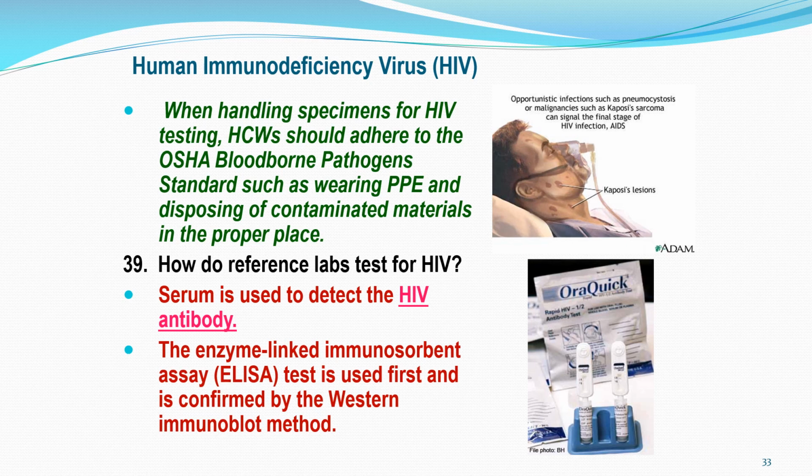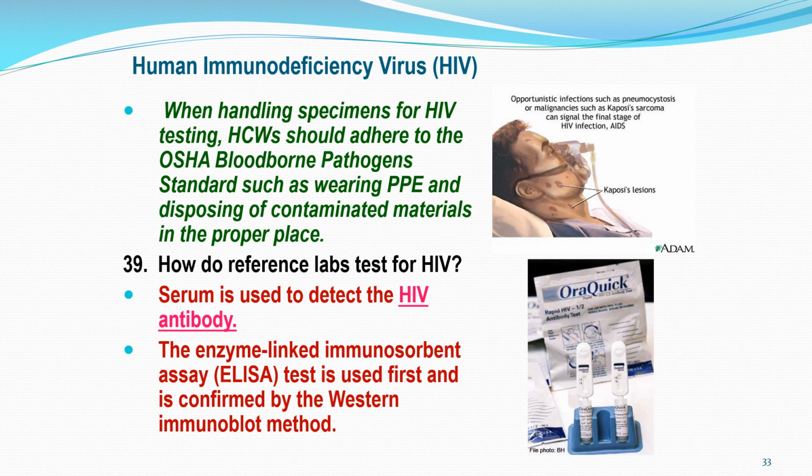We want to always wear the appropriate PPE when handling any blood or body fluids, because we never know when someone could be positive for not just HIV, but hepatitis or any other pathogen. So make sure you never let your guard down.